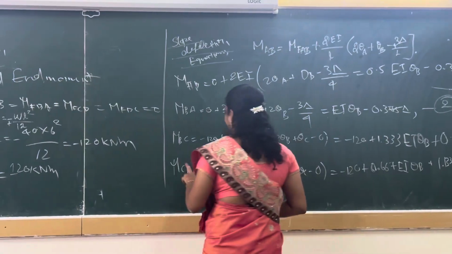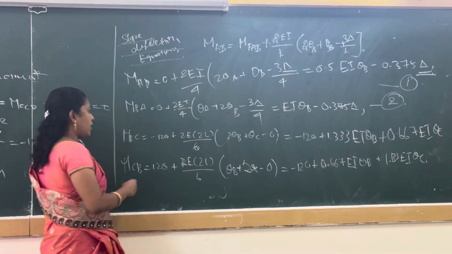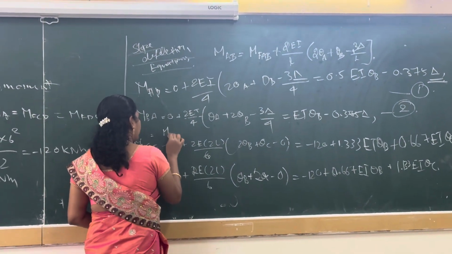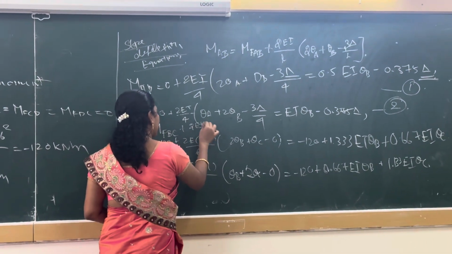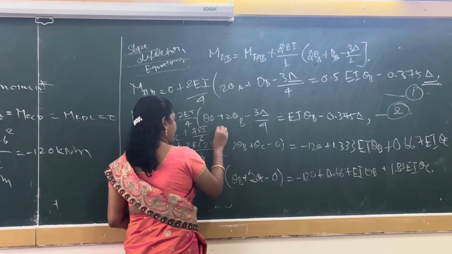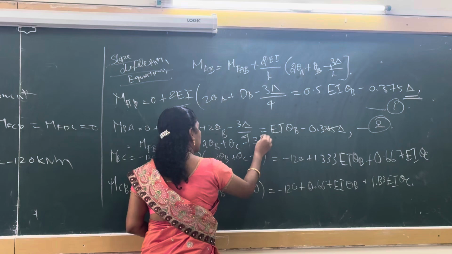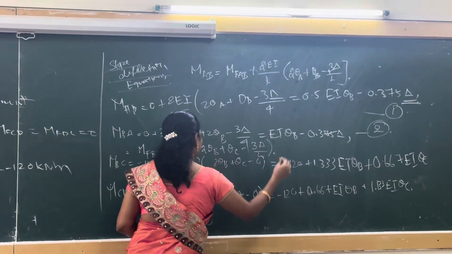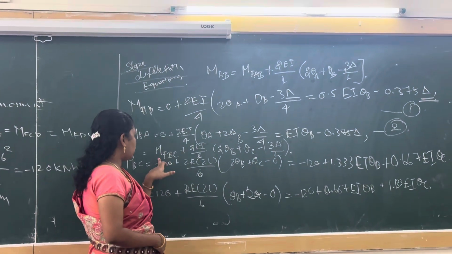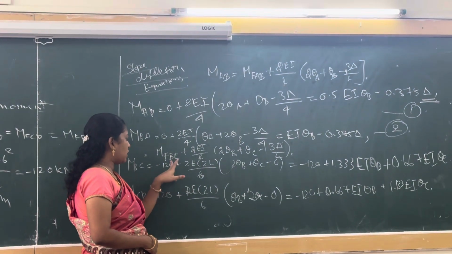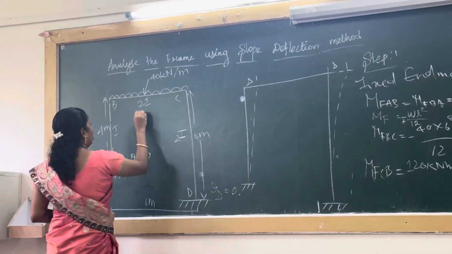Next we will calculate the slope deflection equation for the BC span. The equation is the bending moment of BC plus 2EI divided by L into 2 theta B plus theta C minus 3 del by L. Here we are going to substitute the fixed end moment of BC, that is minus 120, plus 2E into I value, which is 2I.